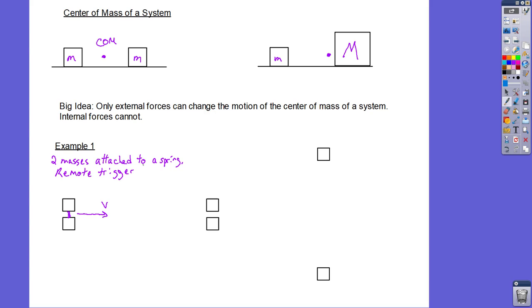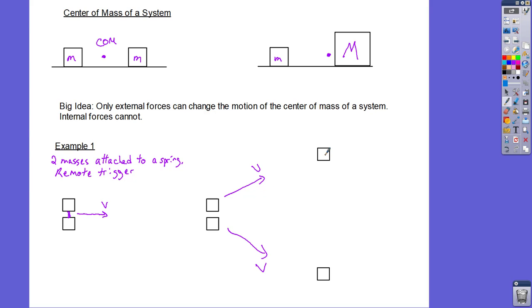So right now they're traveling this way at this velocity, and then at this point the trigger is pushed and the spring is going to push on both objects. So the force is going to be upward, but they still have inertia in the sideways direction, which means that the velocity is going to be in that direction and in that direction. Okay, so they're going to travel that way apart from each other.